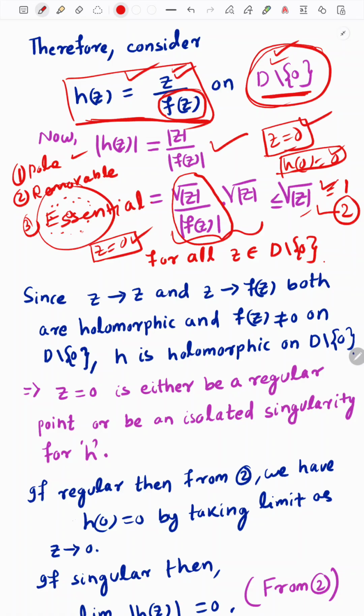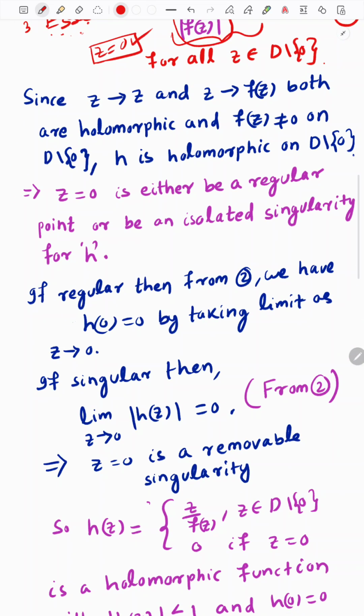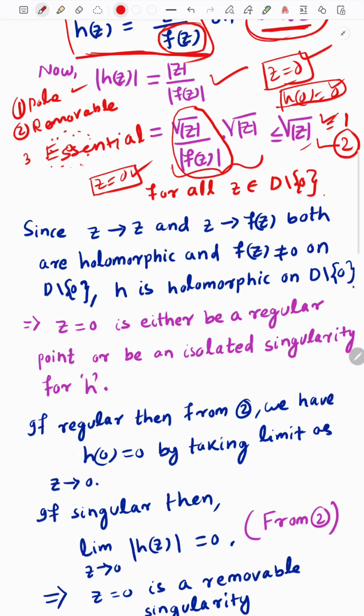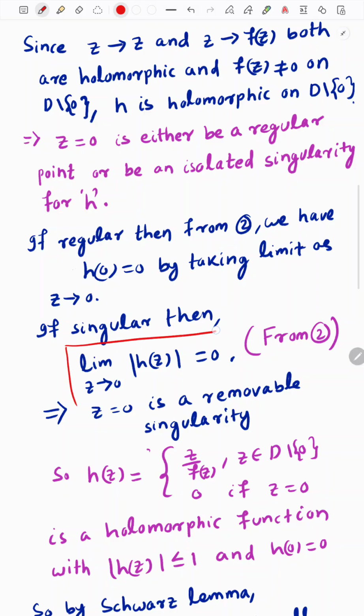But if you look at this expression, equation 2, if you take the limit z tends to 0 on both sides of equation 2, it gives this thing: limit z tends to 0 of modulus of h of z is equal to 0, means this limit exists and it is equal to 0.